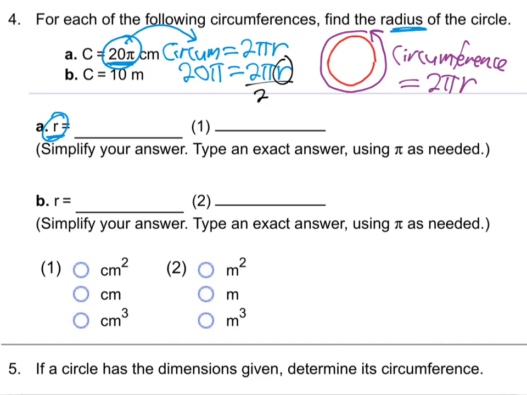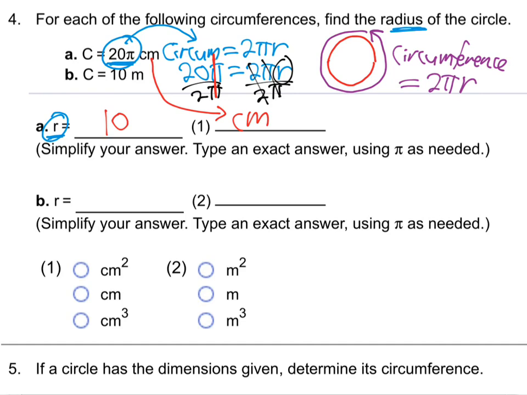So we divide, because that 2 pi is multiplied, huh? Divide by 2 pi, and the 2 and the pi cancel. Perfect. Now, how do you work that out on the left side? What does 20 pi over 2 pi do? What do the pi's do? They cancel. And 20 divided by 2? Just 10. And that's our answer. Oh, and the units, they just stay the same. We're not changing units. It's just centimeters.